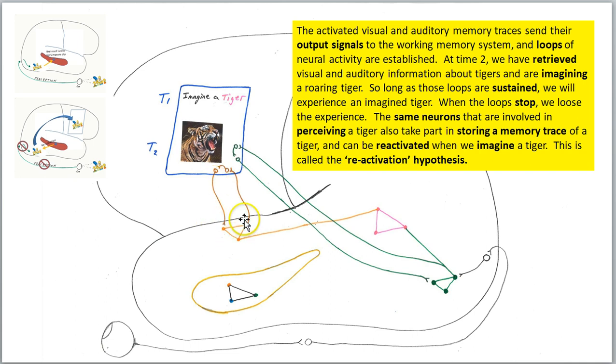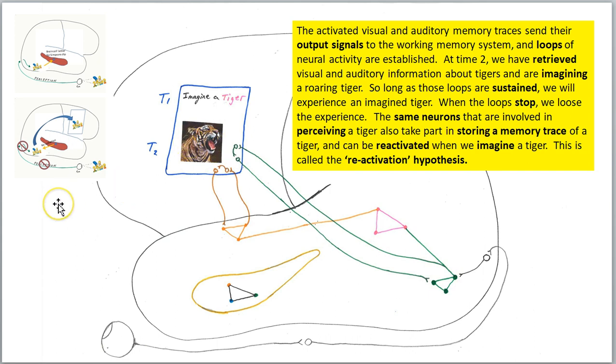And so long as those loops are engaged, we will be imagining the tiger. When the loops stop, then the tiger will leave our imagination. So we call this the reactivation hypothesis, that those regions of the brain that were active when perceiving the tiger are going to be used to store memory traces of the tiger attributes, and then later we can reactivate those memory traces to imagine a tiger.